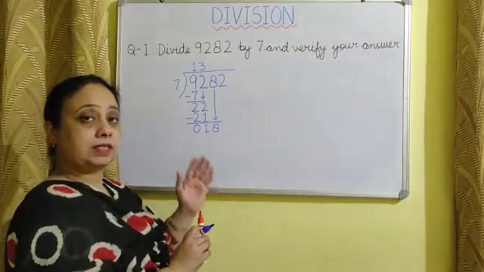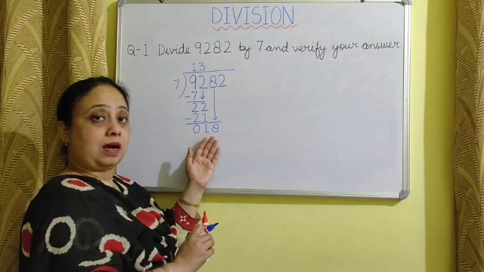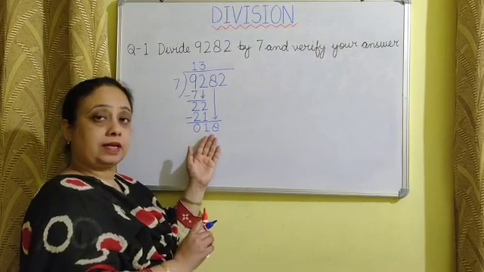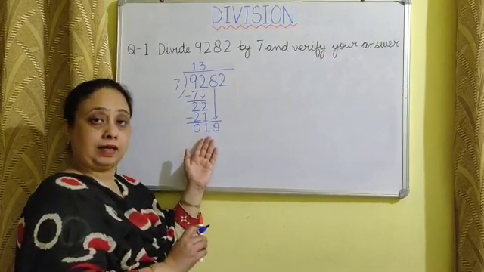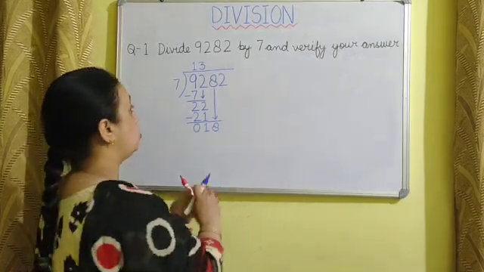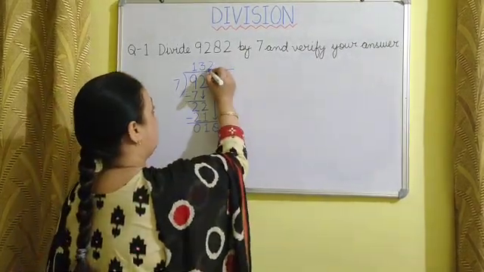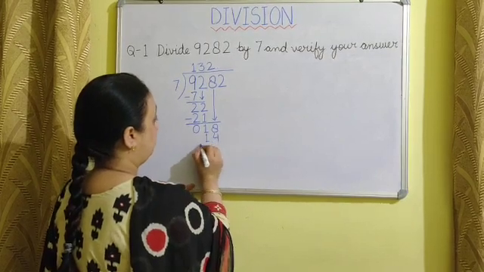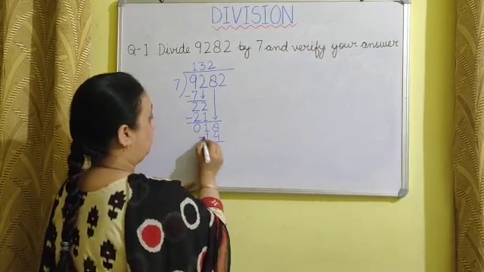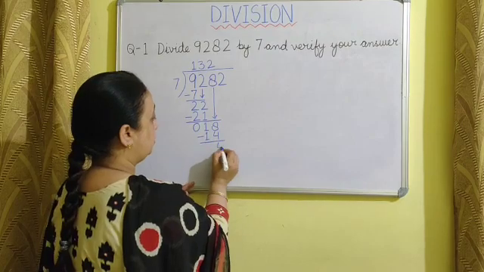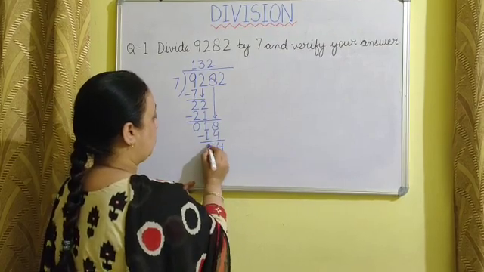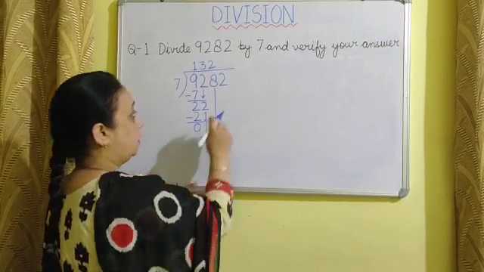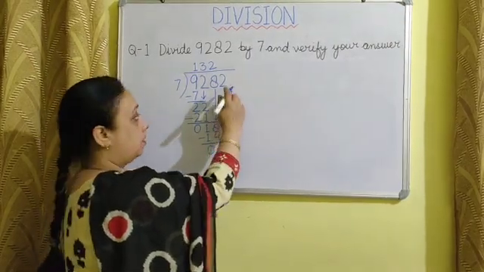We'll read the table of 7 so that our result here is not more than 18. So 7 2s are 14. Subtracting, 8 minus 4 is 4 and 1 minus 1 is 0. We have one more number here.